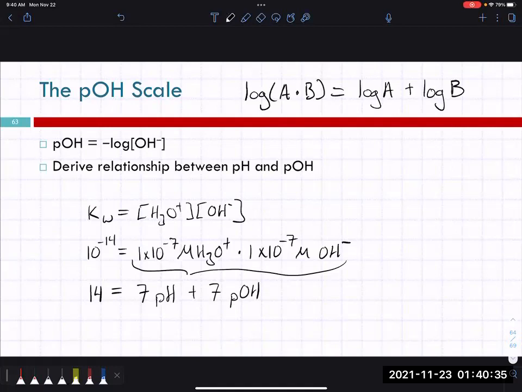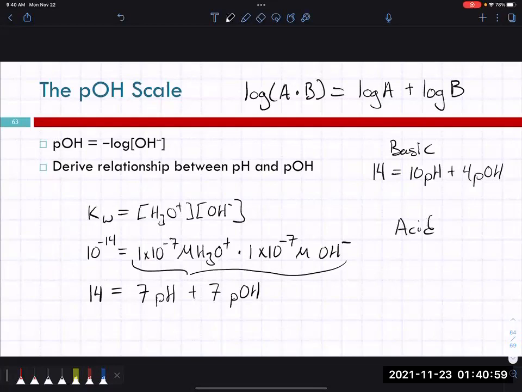If you had a basic solution, our pH would be higher. So let's say we have a pH of 10. Our pOH would be 4. For an acidic solution, it's 14. Then our pH now needs to be less than 7.